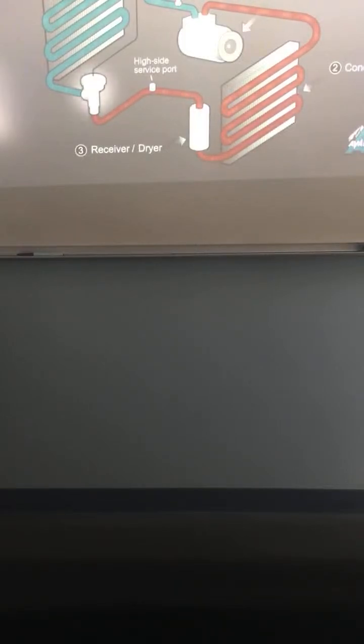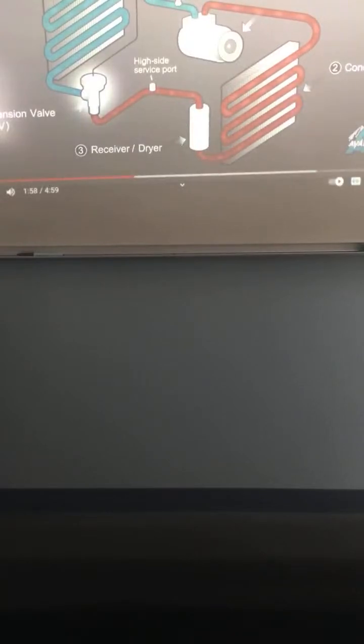The low pressure port and the high pressure port, they're usually pretty much right next to each other. They can be, but they can be in totally different spots on some cars. Which cars? Every car I see, they're next to each other. Well, if they're next to each other, that's actually not common.